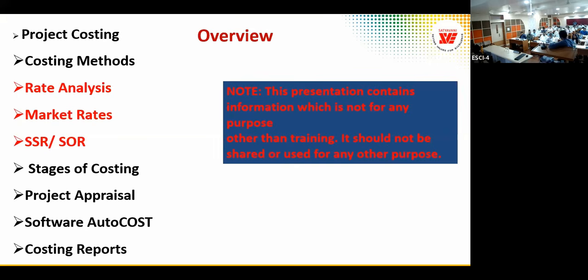We have a running metre rate, and we prepare the line estimate based on that. After the line estimate, we go for the detailed estimate for DPR. The detailed estimate has to be supported by proper investigation, design, quantities, and rate analysis.